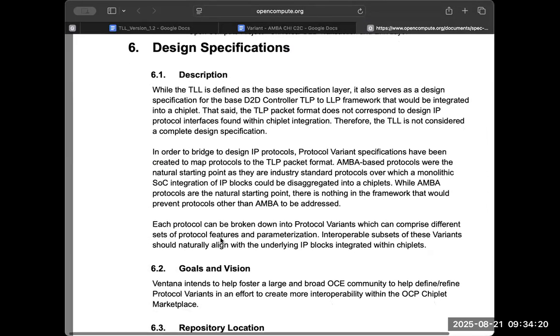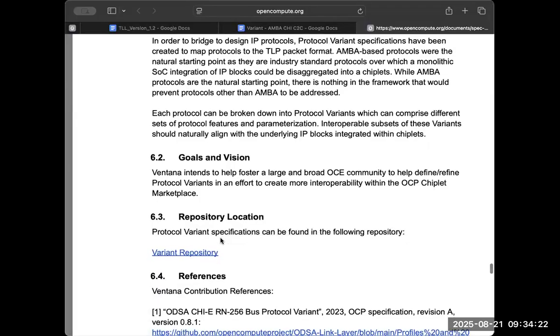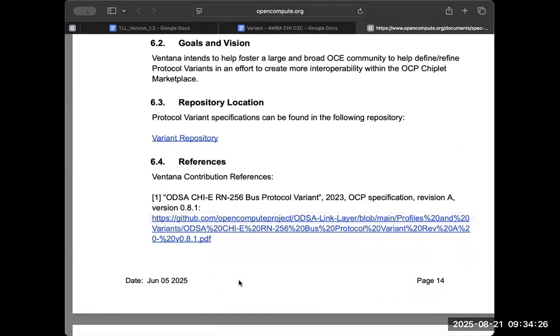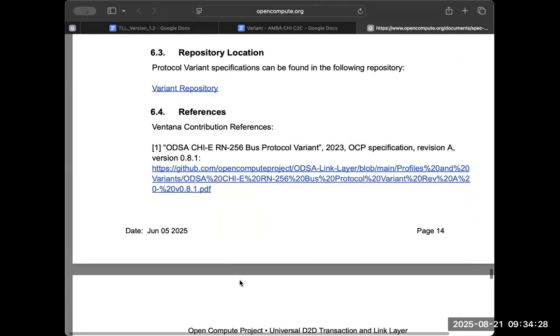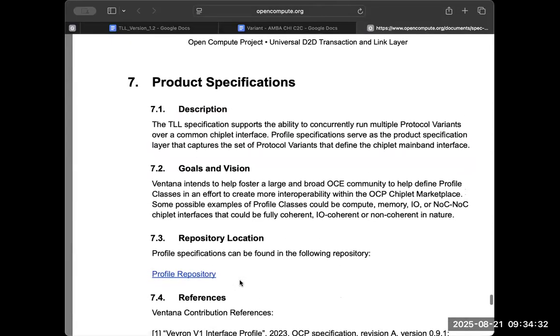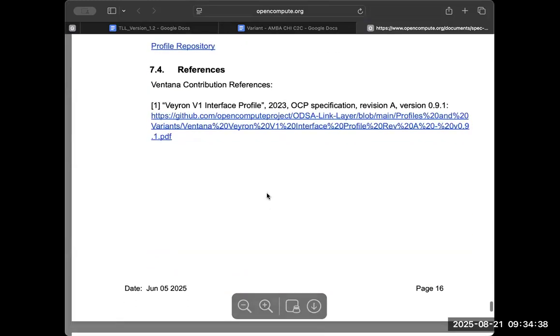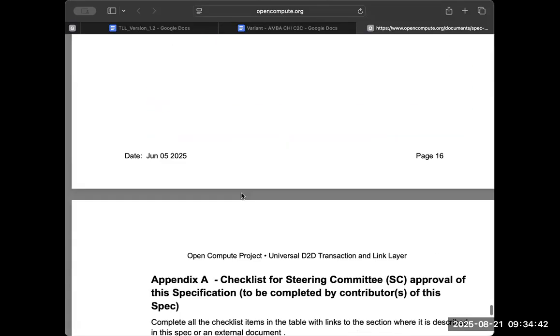Then I go into the design specification and talk about variants, and there's the variant repository, with links to these prior contributions. Then you have the product specification, which is also very short here, and points to the profile repository and the Veyron V1 interface profile that we'd done.